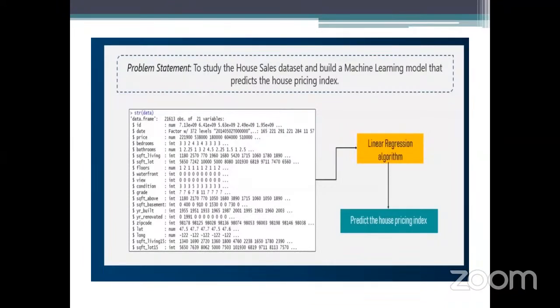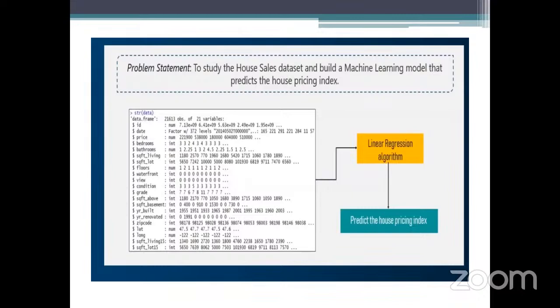Now, the problem statement here is to study the house sales data sets, right? These are house sales data sets, and build a machine learning model that predicts the house pricing index. Now, the most important thing you need to understand when you read a problem statement is what your target variable is, and what the possible predictor variables are that you will need.